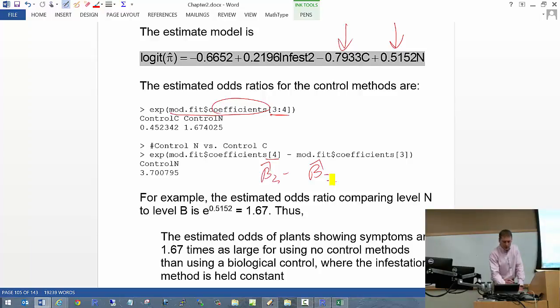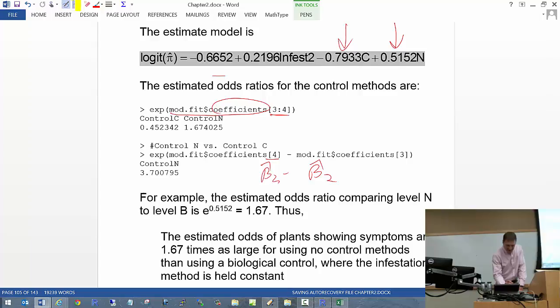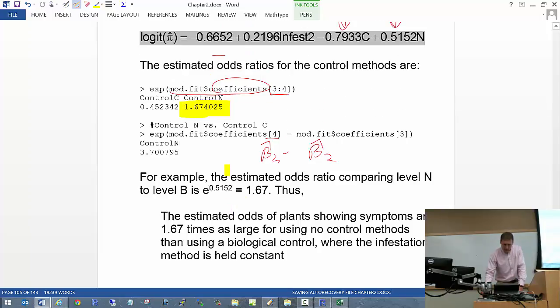So let's just pick one of these odds ratios and interpret it. We're going to look at this one right here. That was e raised to the 0.5152 power.